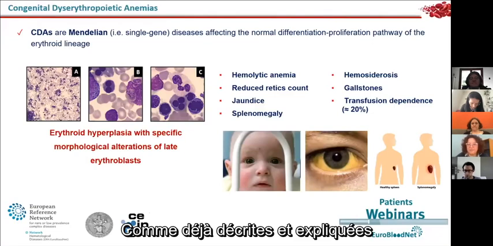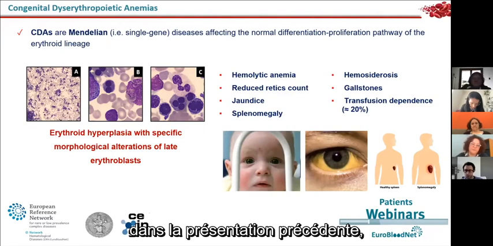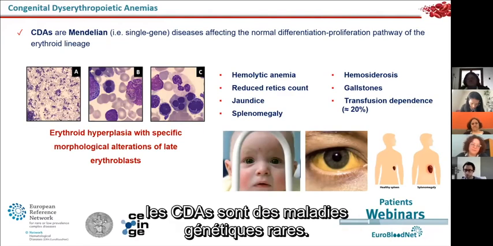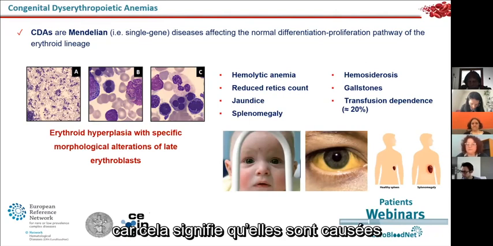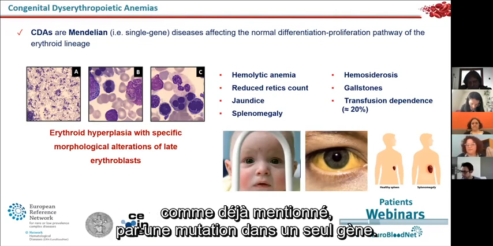And as already described and explained in the previous presentation, CDAs are rare genetic diseases. They are also termed Mendelian disorders, because they are caused, as already listed, by mutation in a single gene.